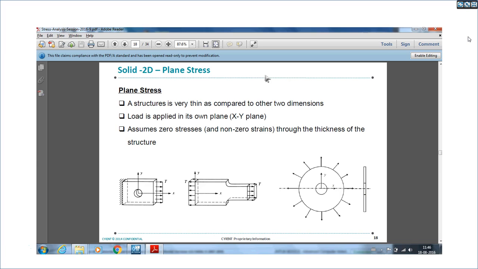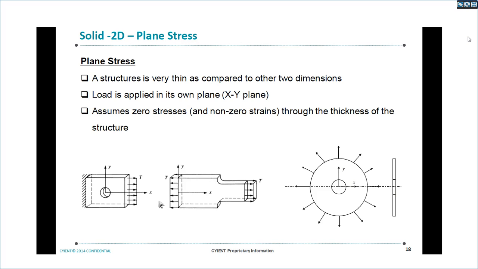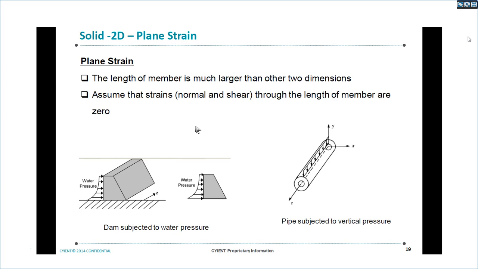One of the important assumptions in plane stress is that stress through the thickness is 0. Coming to plane strain, plane strain is used, contrary to plane stress, when the length of the member is much larger than the other two dimensions.